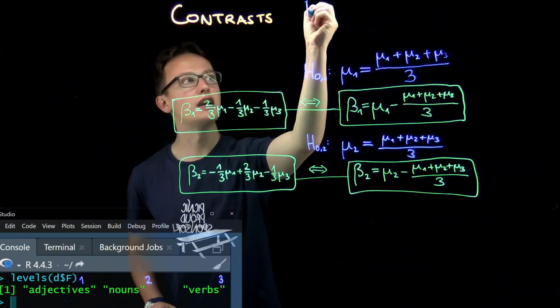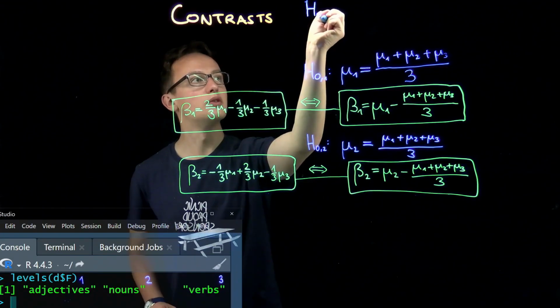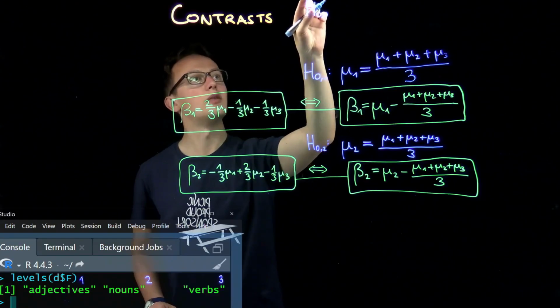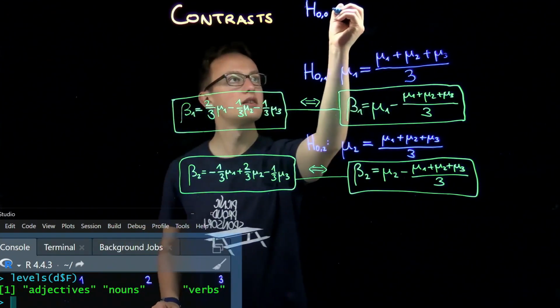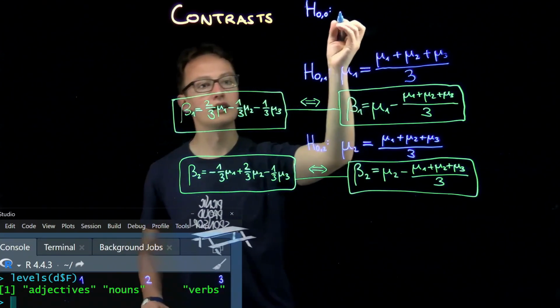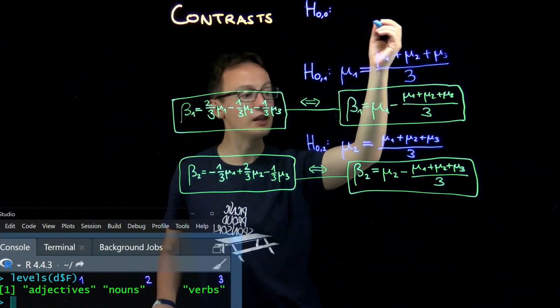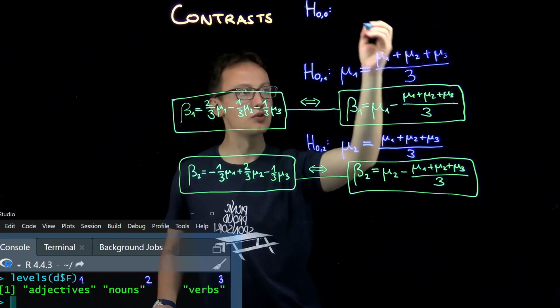So we could say H0,0 in this case, and this would now just concern the grand mean itself. So the null hypothesis regarding the intercept would say that the grand mean is equal to 0.